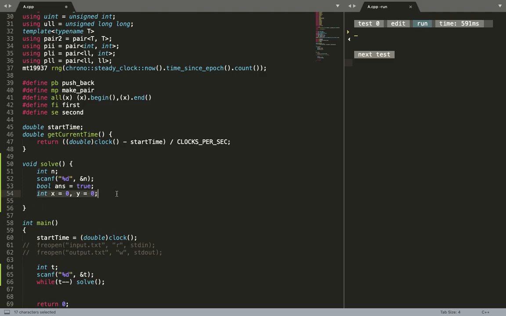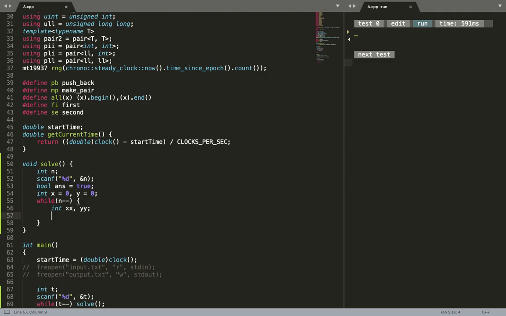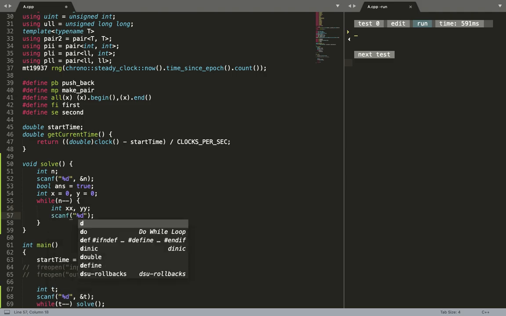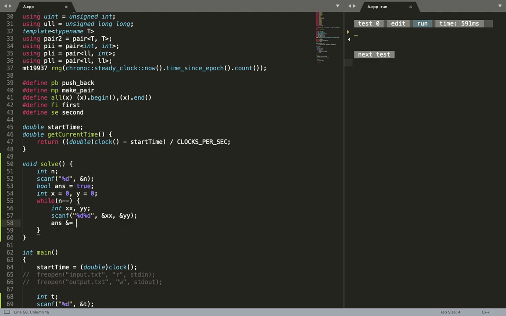So we will have the last value of counters, and n times we have to read the new ones. And we have to check some things. They shouldn't decrease, and the second one should increase not more than the first one.